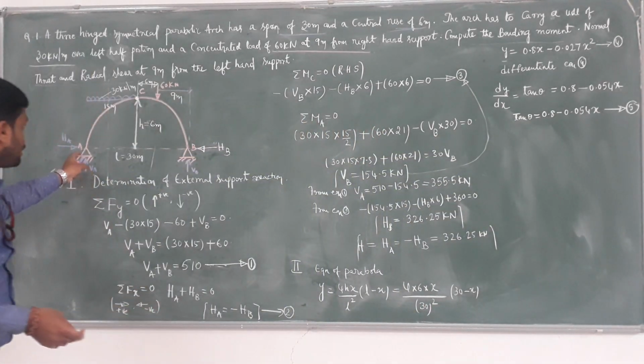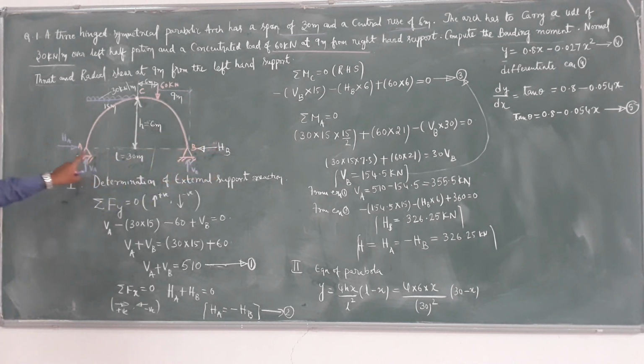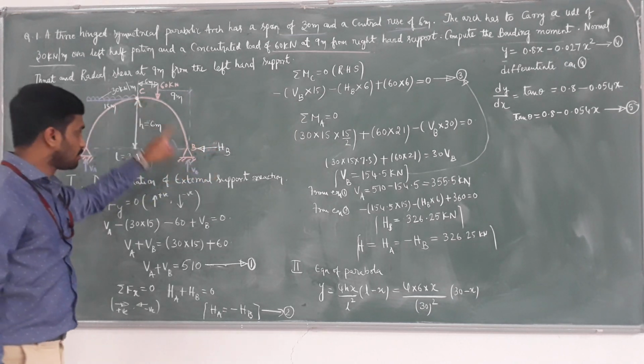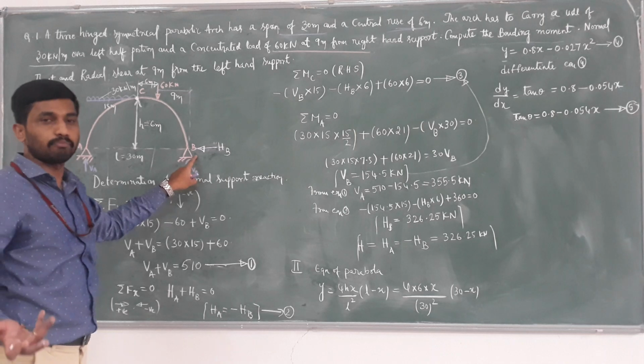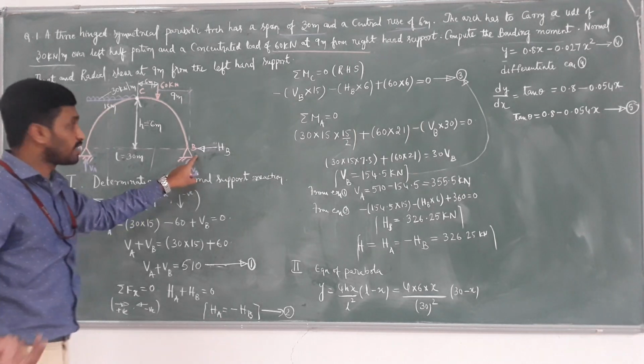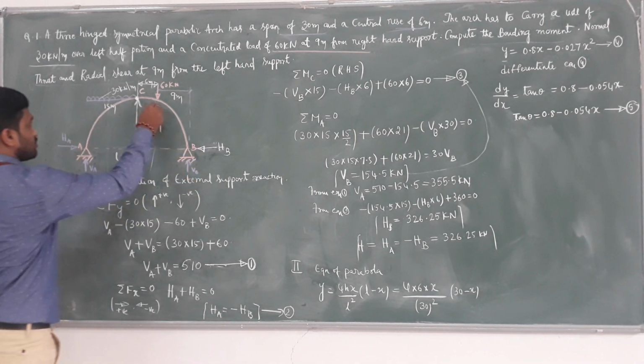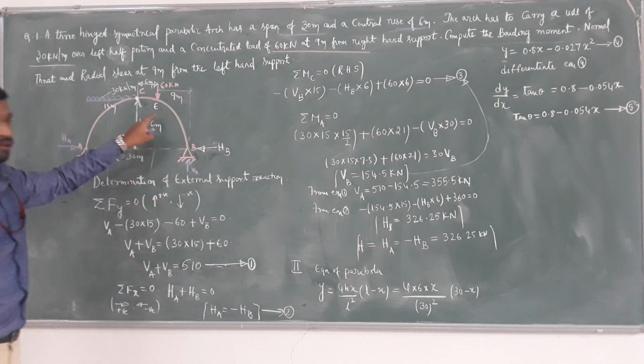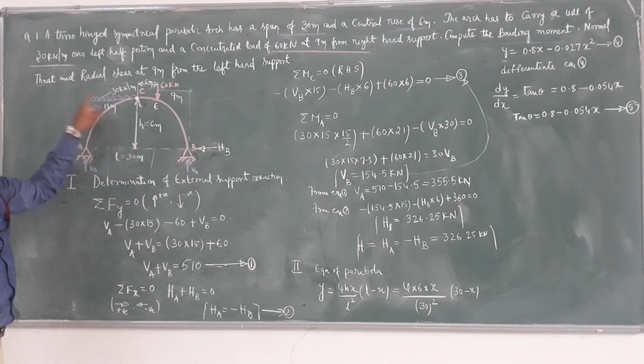So when you come to the bending moment diagram, at hinges, moment at A, moment at C, moment at B, we know that moment at hinges is 0. So what do we have to compute? Take this point as E; we have to compute moment at E, and also there is a loading UDL. So we have to compute the maximum moment between AC and the maximum moment between CB.